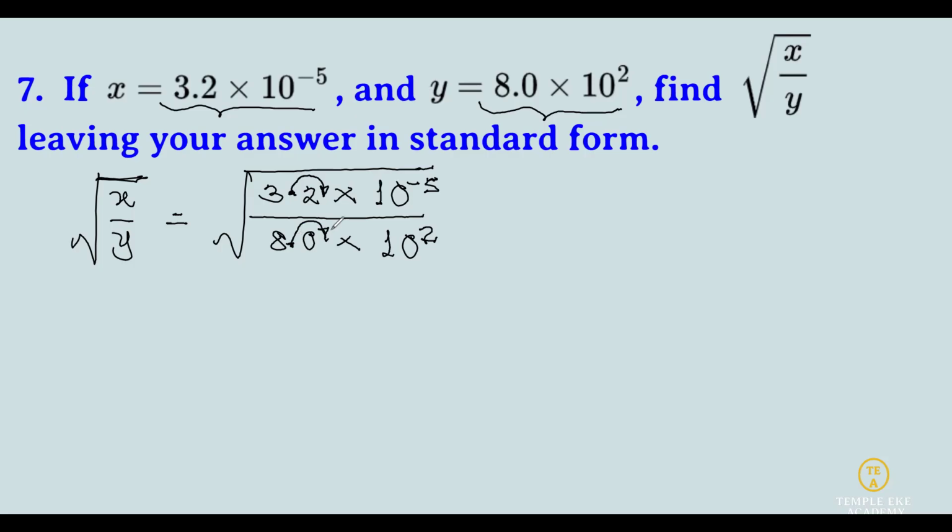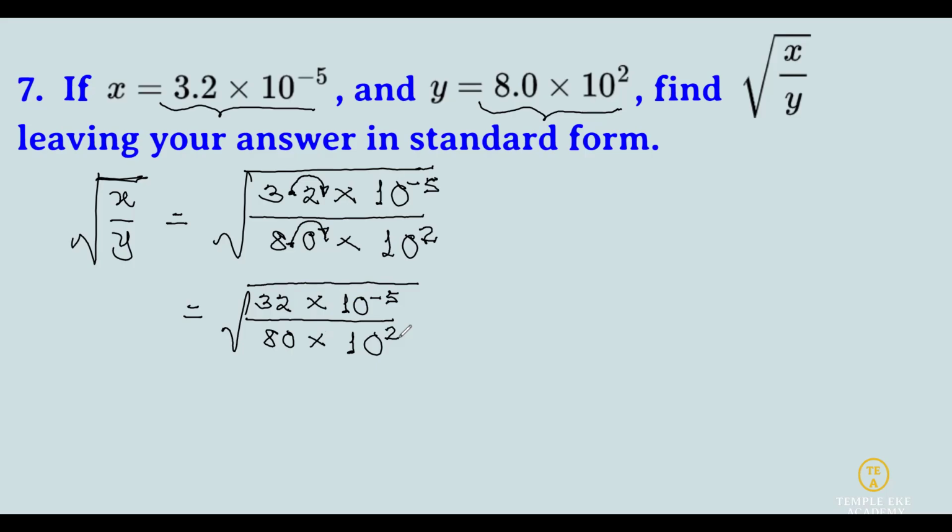You can make an equal number of shifts of the decimal point in any term in the numerator and in any term in the denominator. So our new face of the problem here is 32 times 10 to the power minus 5, divided by 80 multiplied by 10 to the power 2. Beautiful, getting the decimal points out of the way.